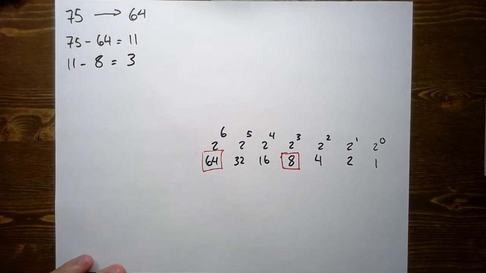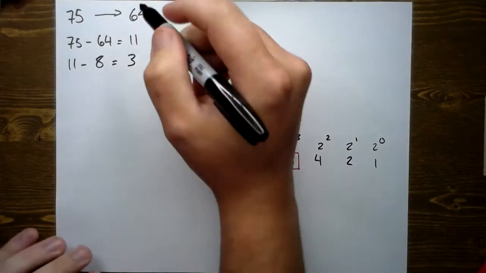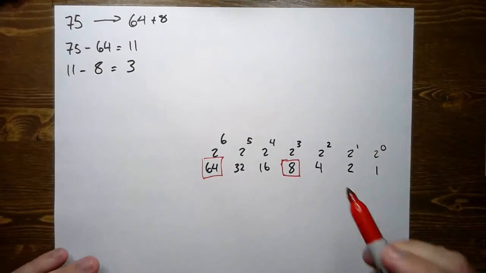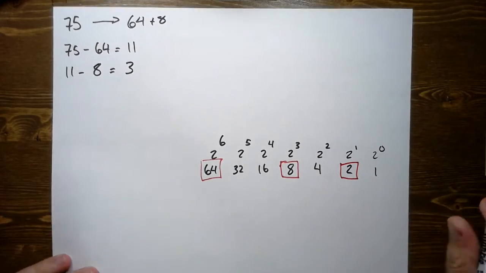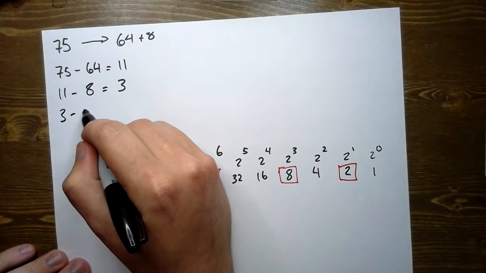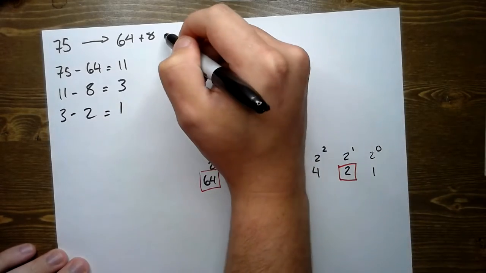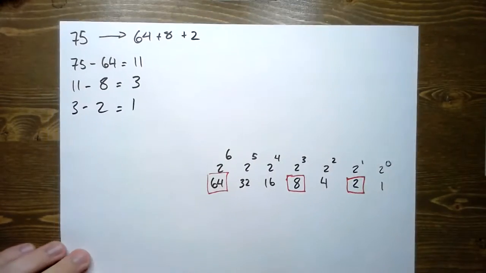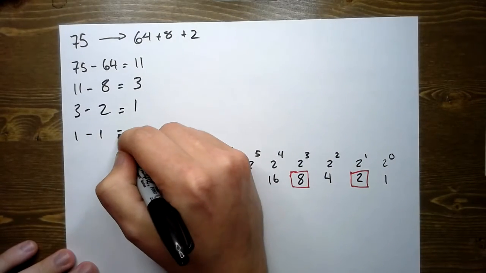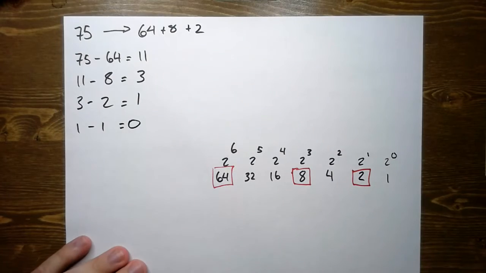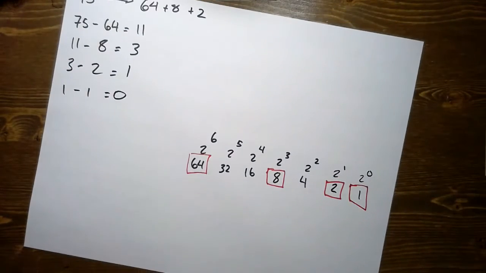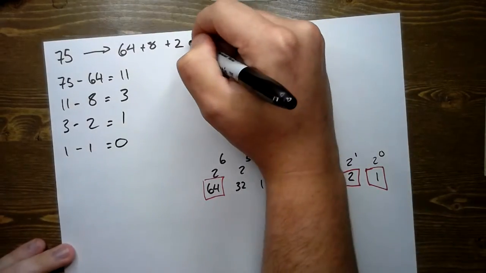Don't forget to put the 8 up here. So our next number would be 2. So then we have 3 minus 2, which equals 1. We don't want to forget to put the 2 up here. And then we have 1 left. So 1 minus 1 is 0. Means we're just about there. So we've got all of that. We don't want to forget to put the 1.